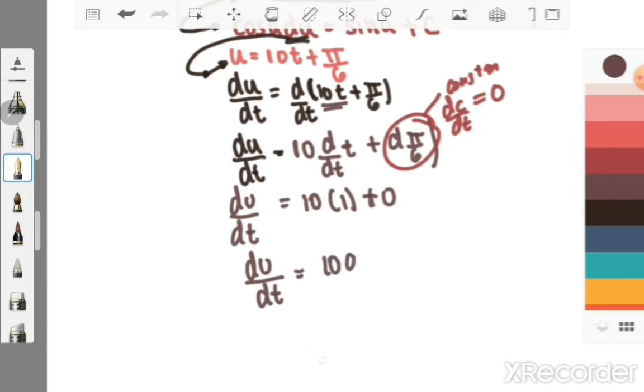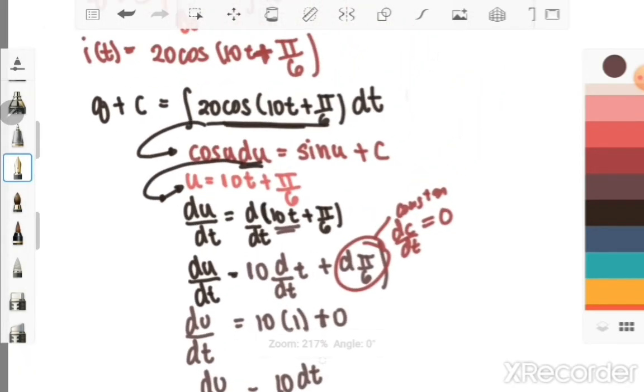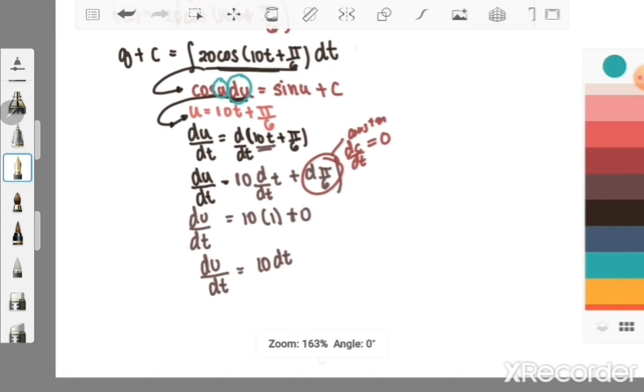So, we have then your du over dt is equal to 10. Take note that dalawa yung gusto nating kunin. Yung form na cosine u, yung cosine u at tong du. So, based on this equation, we may say that your du is equal to 10 dt, right?